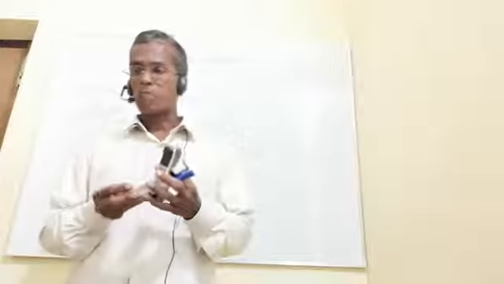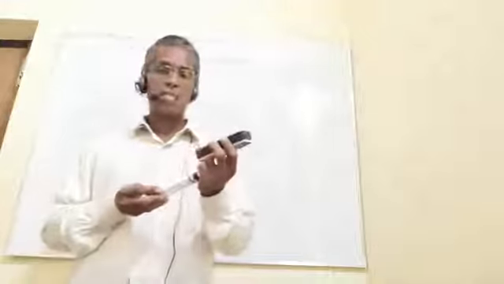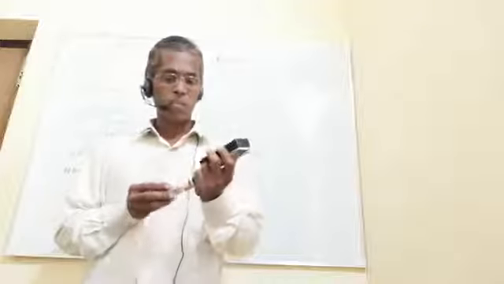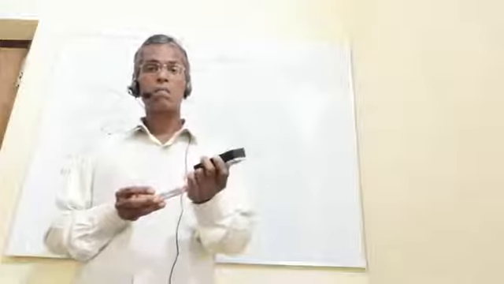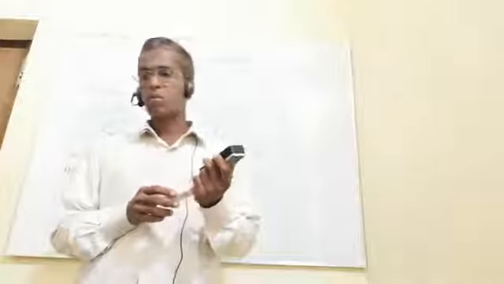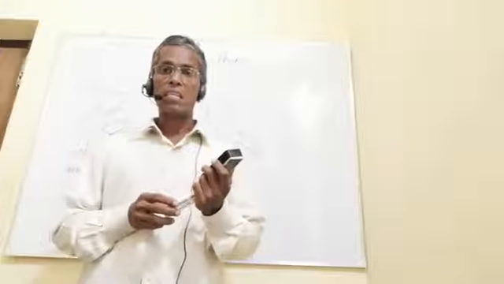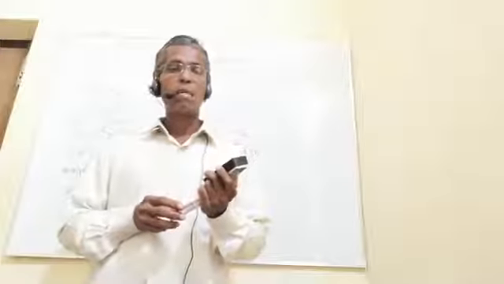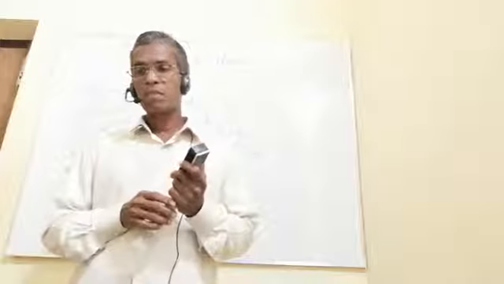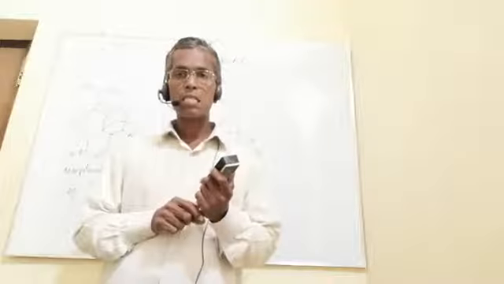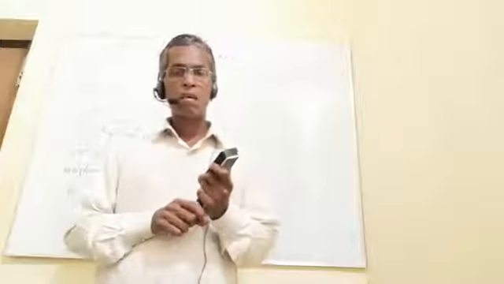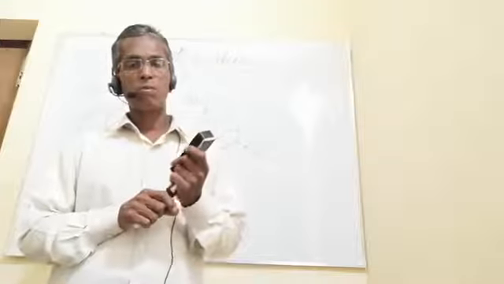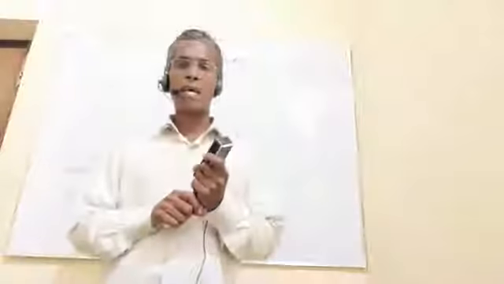Online Google Classroom. As we discussed in the last class, the topic we are continuing in this class is morphine and the opium alkaloids. As I told you in the previous class, the chief source of morphine is a plant.